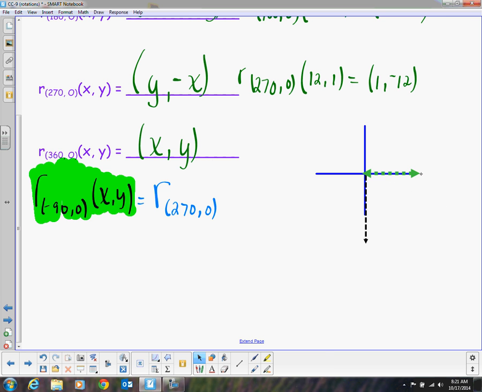Now, if I were to rotate up, how far do I have to rotate it to get to the black? There's 90, and 90 is 180, and 90 is what? 270. No, I'm saying that a negative 90 is equivalent to a positive 270.